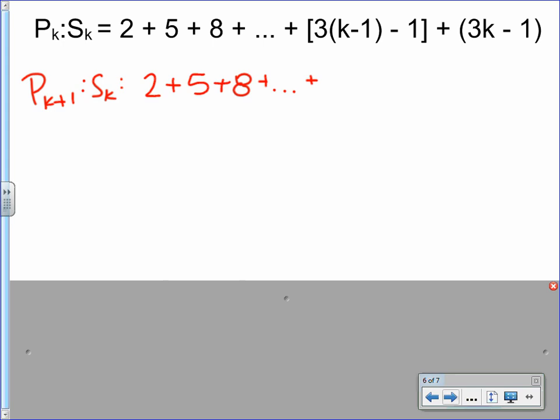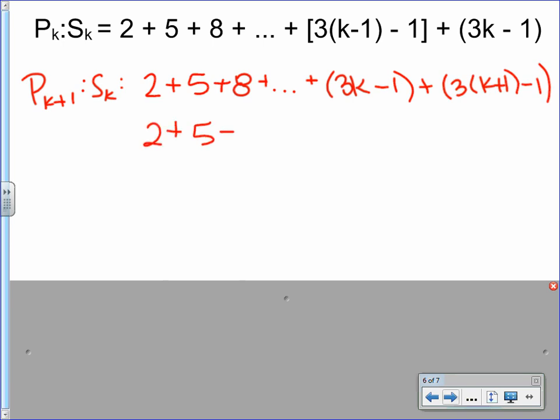Then what happens when we plug in k plus 1 here? It becomes k, so this is just 3k minus 1, correct? And what happens when we plug in k plus 1 here? This is k plus 1 minus 1, right? Please be careful there.